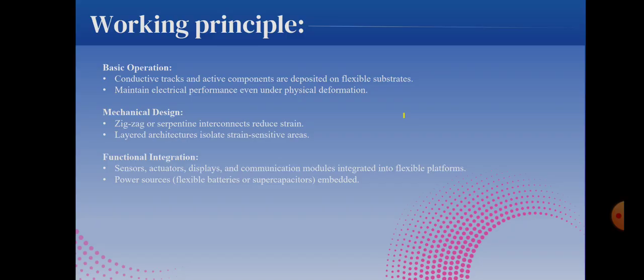Layered structures help to isolate sensitive components from stress. These systems also integrate sensors to detect signals, actuators to perform functions, displays and communication modules, even power sources like flexible batteries and supercapacitors.